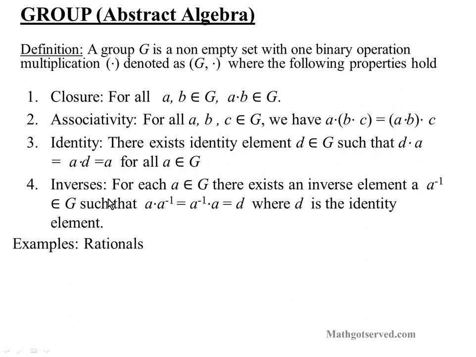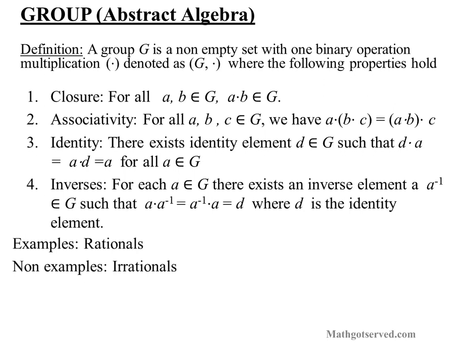What are some non-examples? Can you think of a set that is not a group? I have one example, and that is the set of irrationals. Can you see which of these conditions the set of irrationals violates?